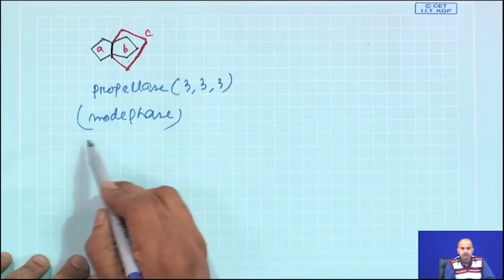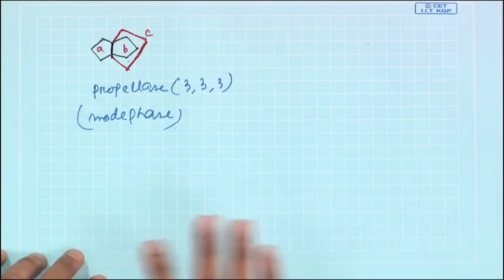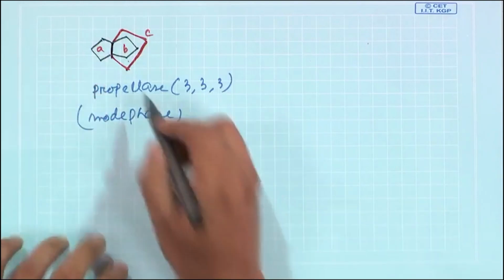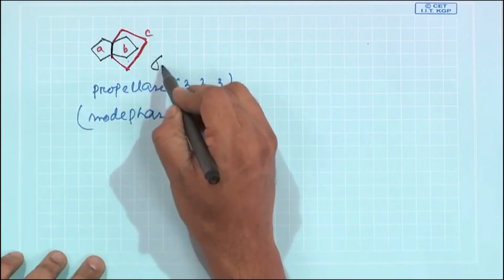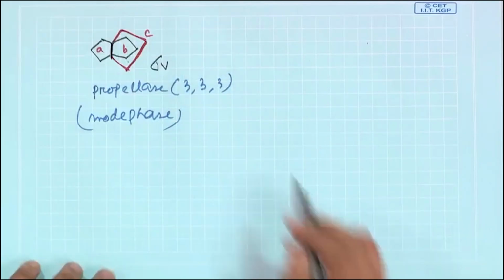Now, this class of compounds is available in nature. They are naturally occurring compounds with this core framework, but the compound which I have now drawn here contains sigma V, it is perfectly symmetrical.